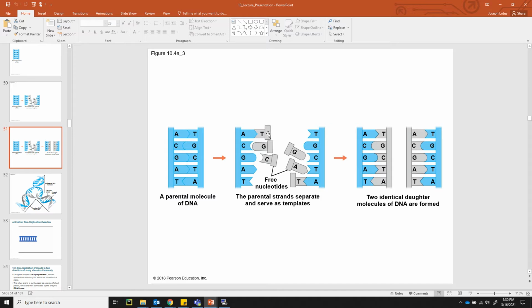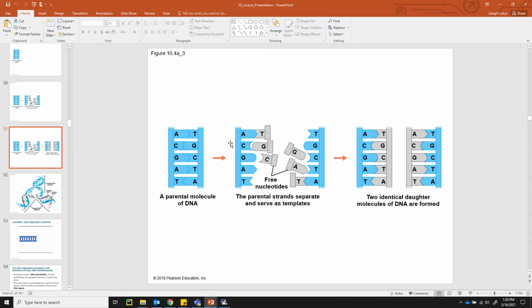Well, we need a T. And then the DNA polymerase is going to write T. And then it's going to read C, and it knows that it should write G. So DNA polymerase is reading the parental strand, and it is writing the new strand.